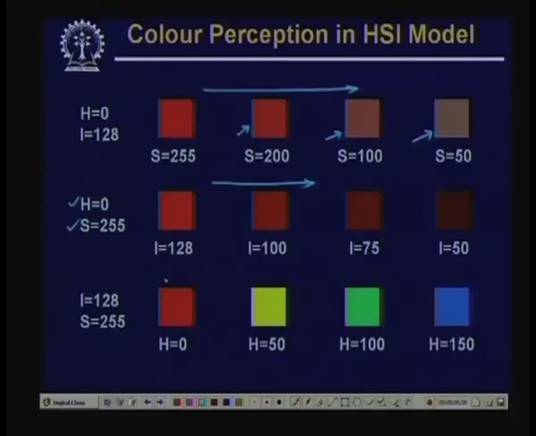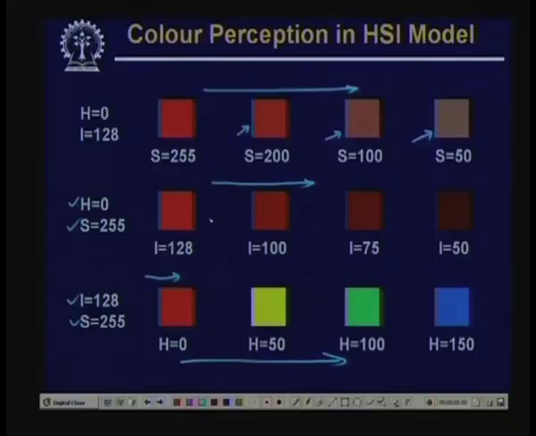If you look at the third row, we have kept the intensity and saturation constant, but the hue component has been changed. We started with hue equal to 0, which is red, and as we change the hue component, it is really the color which gets changed. Unlike the previous two rows, in the first row it is the saturation, where more and more white light is being added to the pure color.